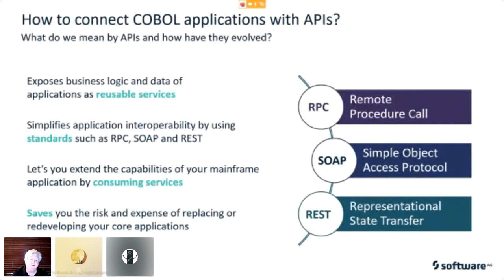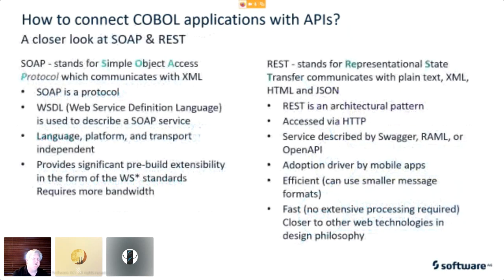And I'm going to talk really right now just about the two capabilities that are kind of the de facto kings today, keeping in mind they might not be the kings tomorrow. So we have SOAP and REST. That's kind of what you're going to run into the most. SOAP stands for Simple Object Access Protocol.